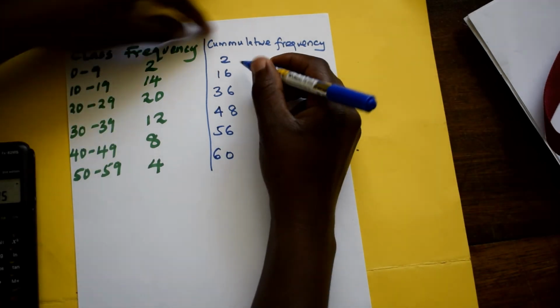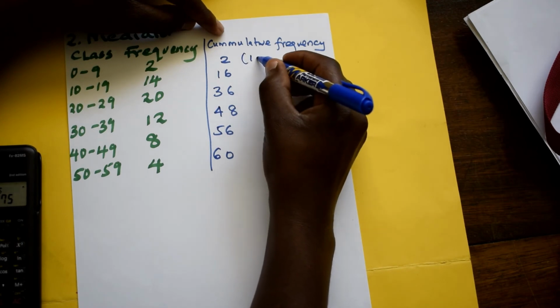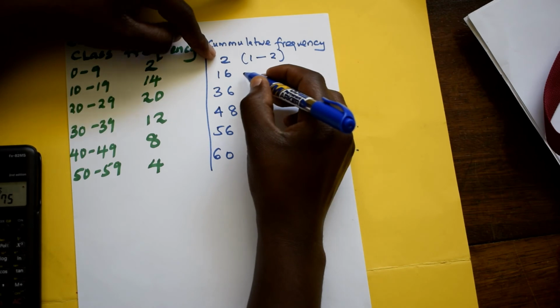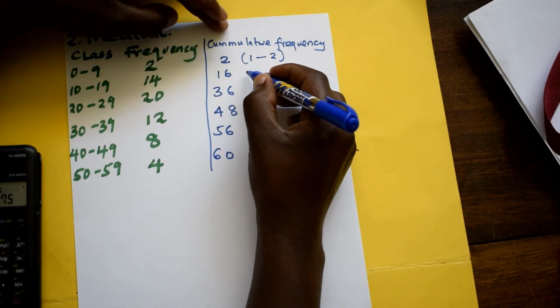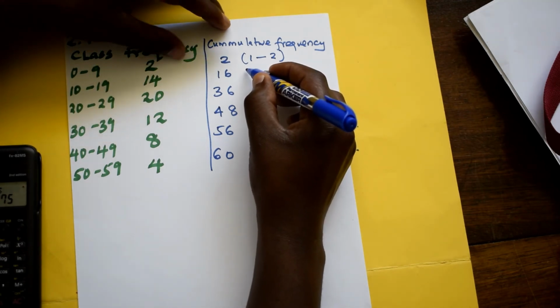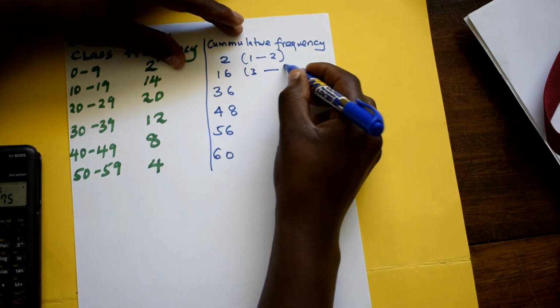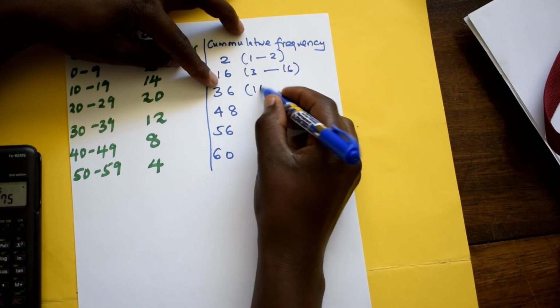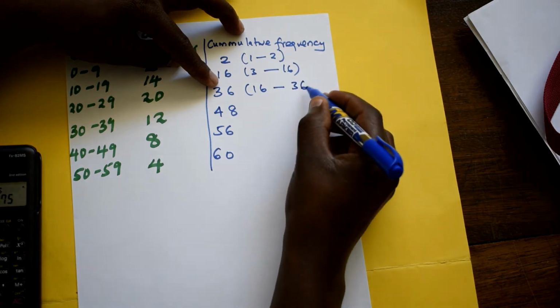If these were items we are arranging, items number 1 to 2 are in the first class. Then the marks from the persons who got 3 to 16. And then we have from 17 to 36.